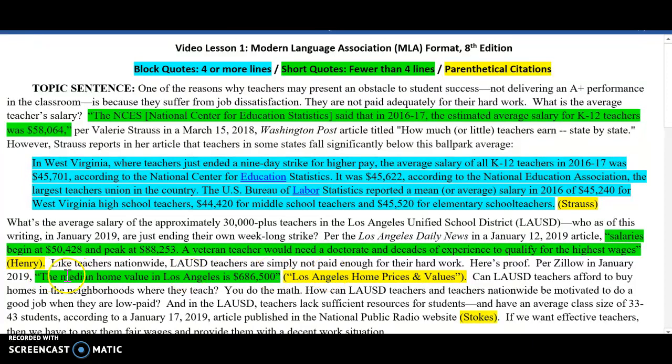With short quotes, which are worked into our own text, into our own writing, unlike block quotes, which are separated from our text, the end mark, if the quote ends in a period, goes right here after the parenthetical citation. But the rule is reversed for block quotes, okay? The period, the end mark goes right here.